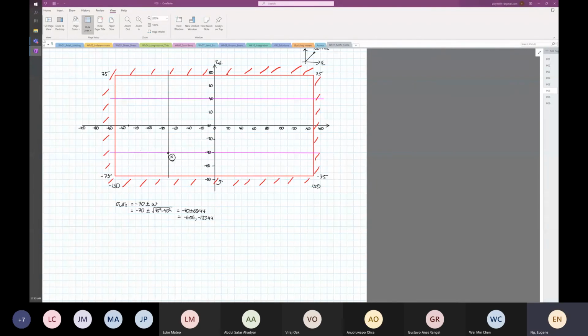And the other one is 133.44, somewhere around here. And we know that is our stress average, and that is the other stress average. This is 2, and this is 1.